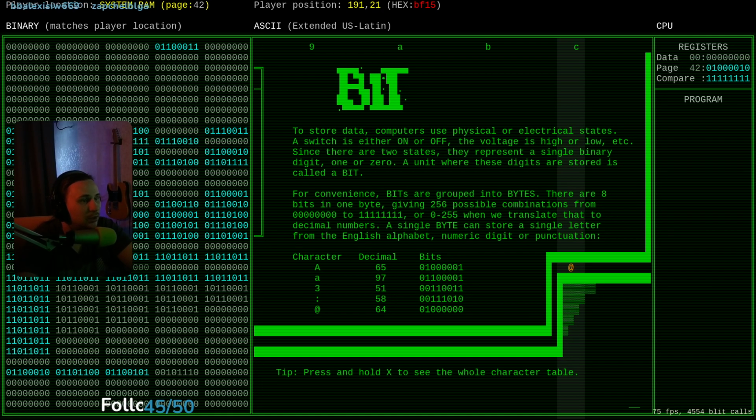There are 8 bits in one byte. That gives 256 possible combinations from 1 byte, from 8 zeros to 8 ones, or from 0 to 255. When we translate that to decimal numbers, a single byte can store a single letter from the English alphabet, numeric digit or punctuation.